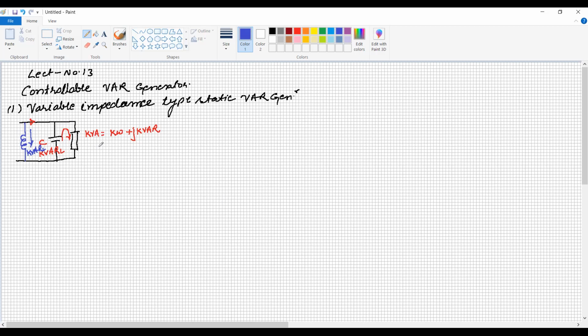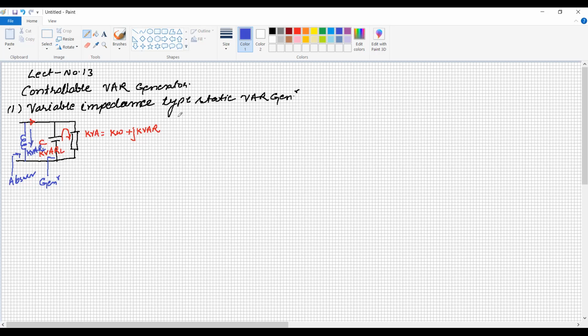One is a generator, because it generates, and here it is an absorber. This is the difference. It can be connected with the help of some mechanical switch or contactor. There are a number of contactors, and as per the application and need, we can switch on the capacitor or switch on the inductor. So it is not a fully static one.